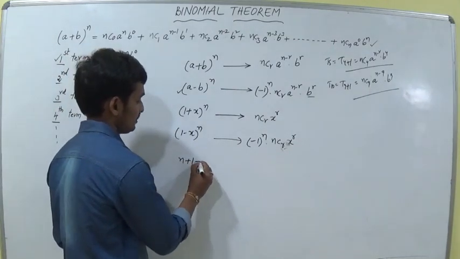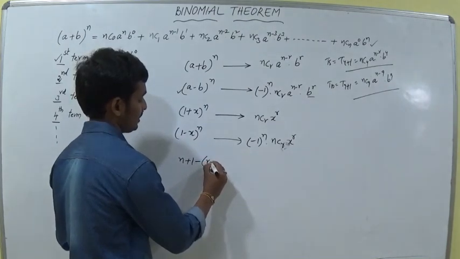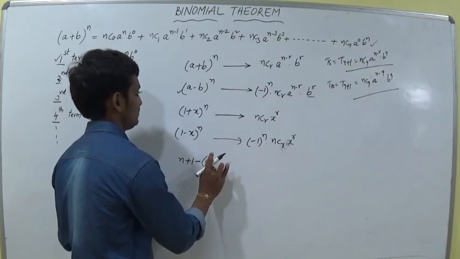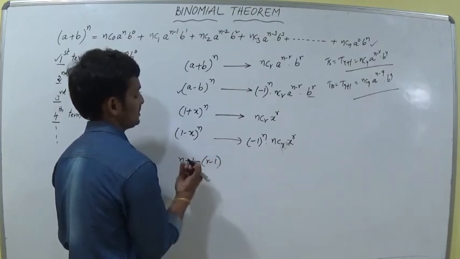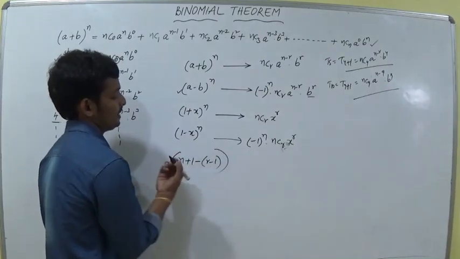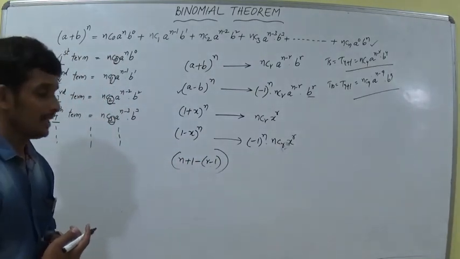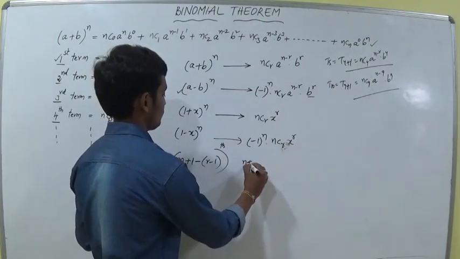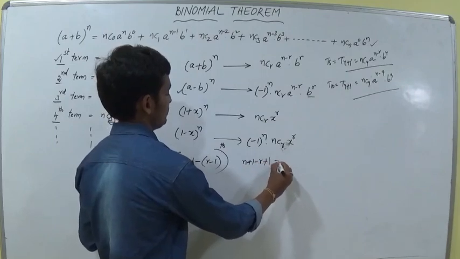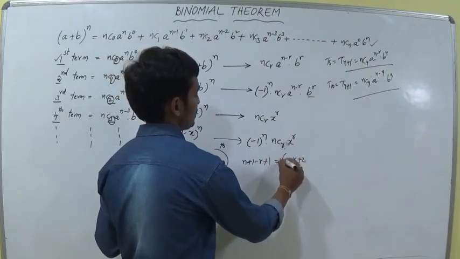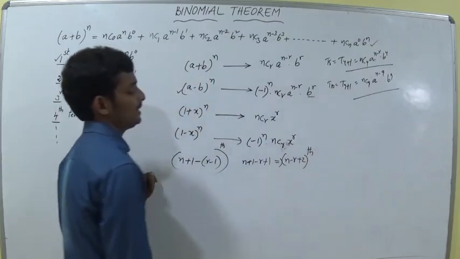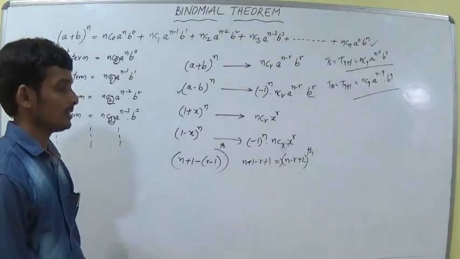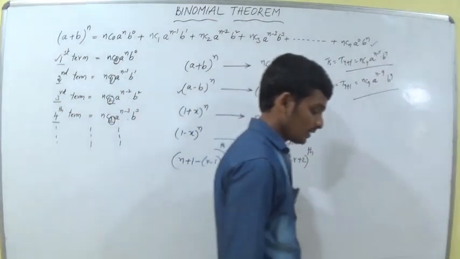So we need to find the (n minus r plus 2)th term. That is, n plus 1 minus r plus 1, which is equal to n minus r plus 2. The (n minus r plus 2)th term we have to find out. It's very easy, not tough, don't be afraid of all this.